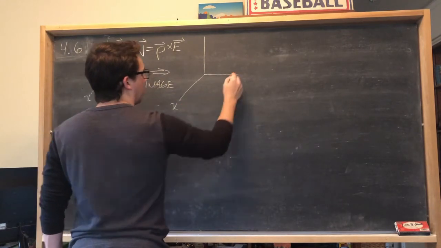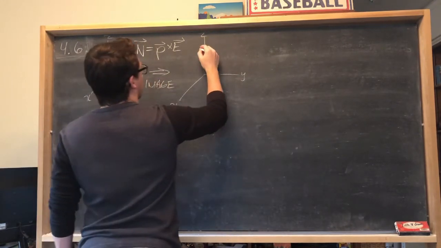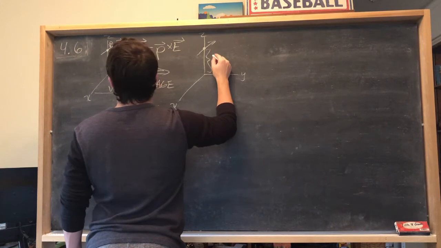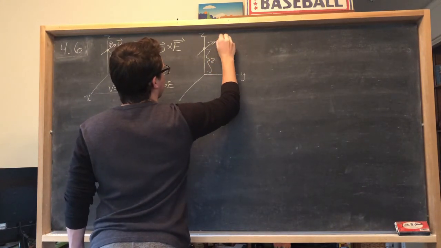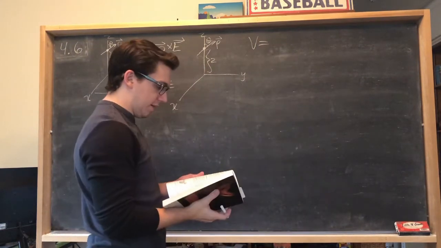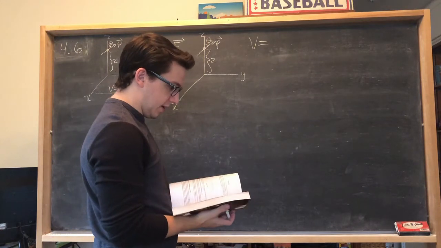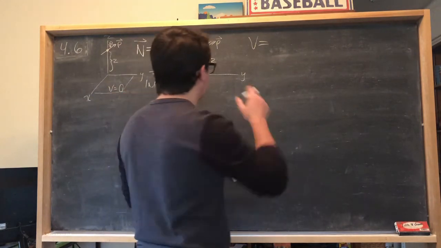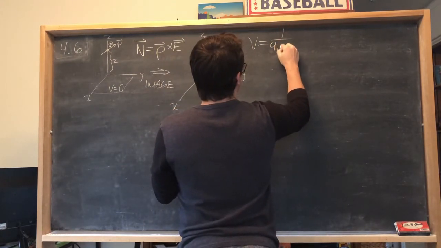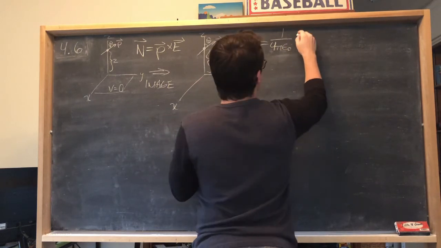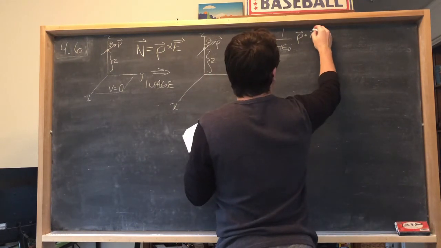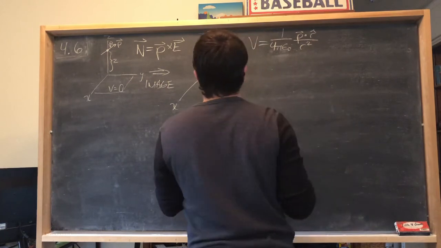Well, to motivate what we should choose to be our image, let's go to the potential for a perfect dipole, from the end of chapter 3. That is equation 3.99. The potential due to a perfect dipole is 1 over 4 pi epsilon naught times the dot product of the dipole moment with r hat, over r squared.